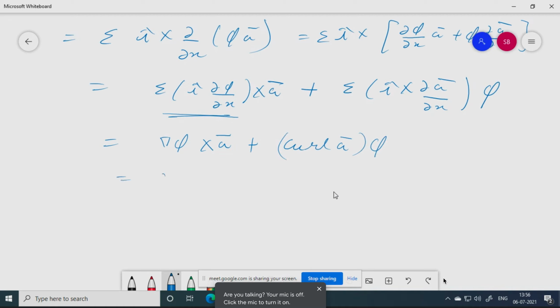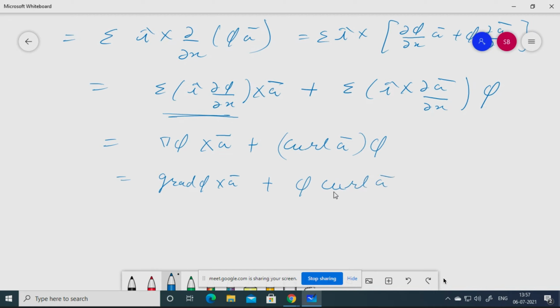So notation wise, this is gradient of phi cross A bar plus phi into curl of A bar, or here I write this as del cross A bar into phi. Is this what I'm supposed to prove? Yes, ma'am. So depending upon the given things, you have to solve it.